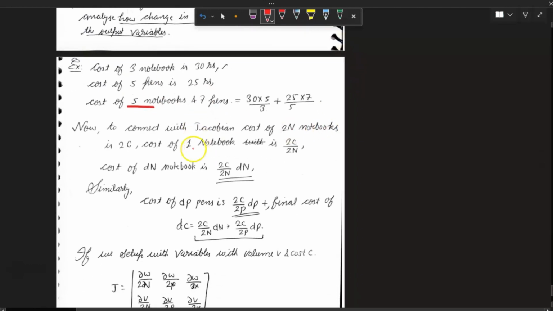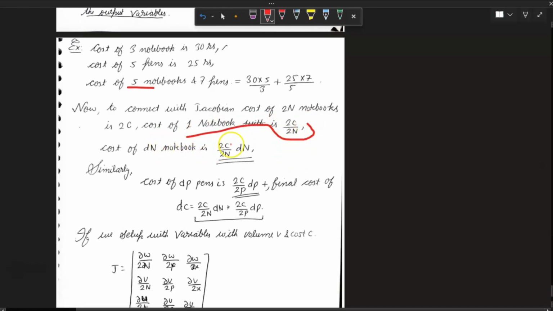Now to connect with the Jacobian, cost of n notebooks is c, cost of 1 notebook is dc by dn. Let's suppose the cost of 1 notebook is dc by dn, then the cost of dn notebooks is dc by dn times dn.